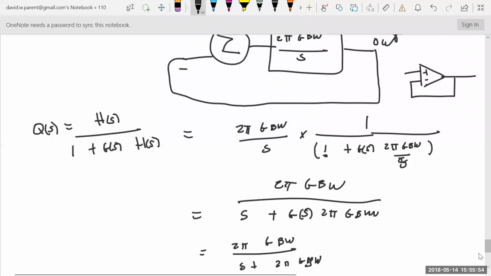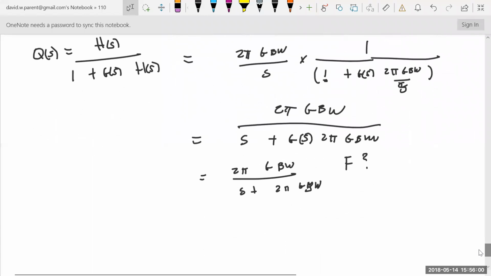Now, hey, when will this act like a buffer? Well, S equals j omega. If omega were 0, right, at DC, this would drop out. 2 pi gain bandwidth divided by 2 pi gain bandwidth, it'd be acting like a perfect buffer, right?